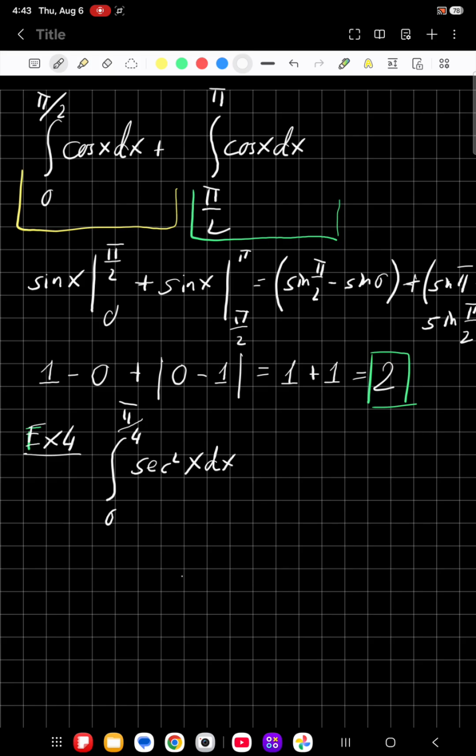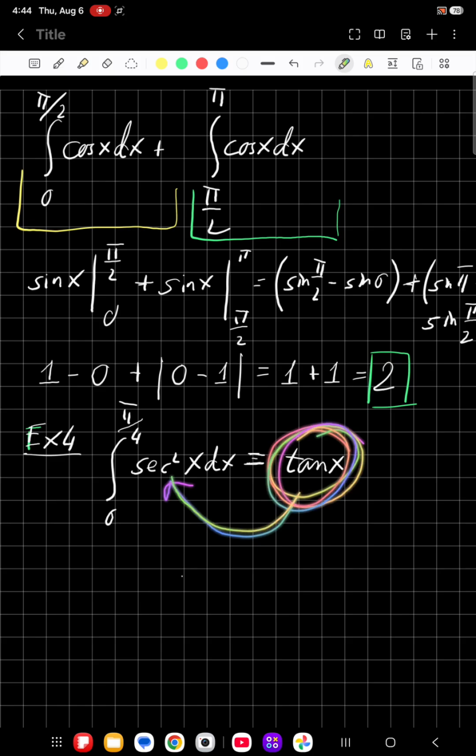Okay, so antiderivative, and again it's good to have those derivatives in your head. If I take the derivative of tangent x, I get secant square. So this is an antiderivative of that.